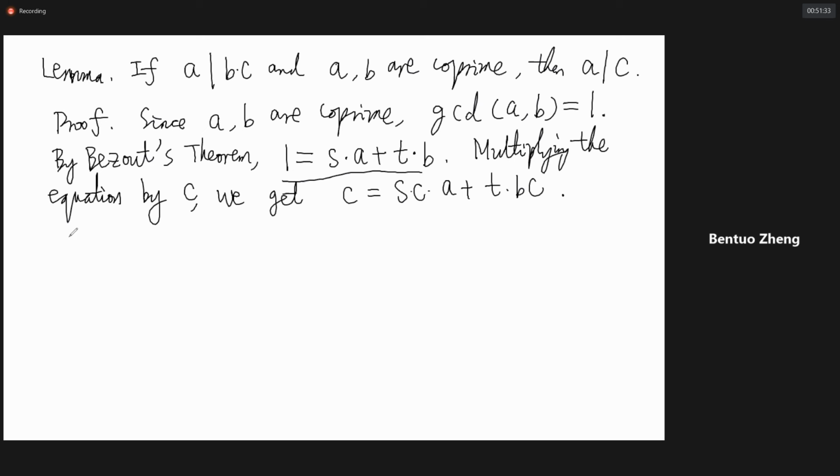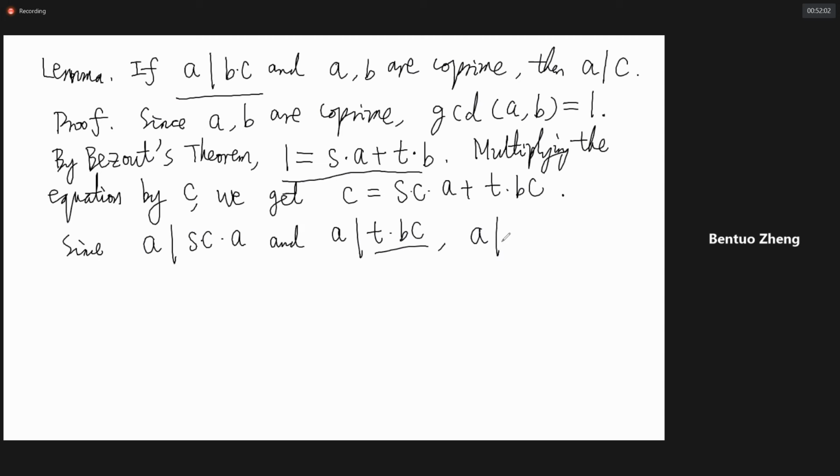Okay, now since A, of course, divides S times C times A, and A divides T times BC. The reason is because our hypothesis tells us that A divides BC, so A divides T times BC, okay?